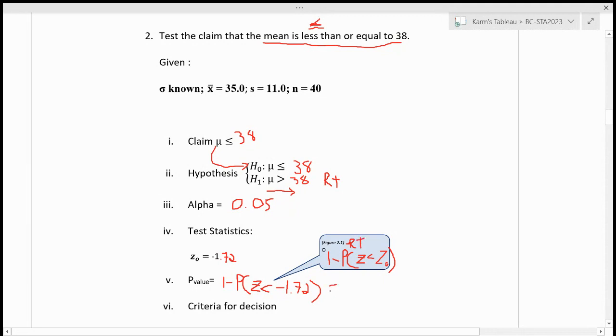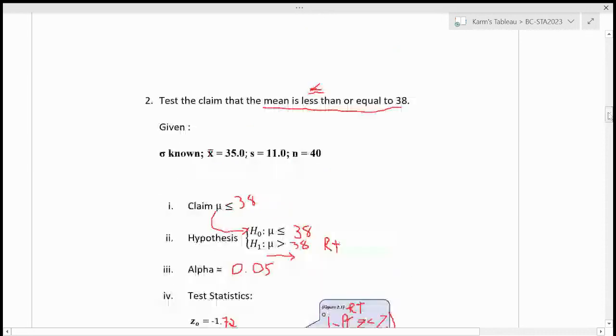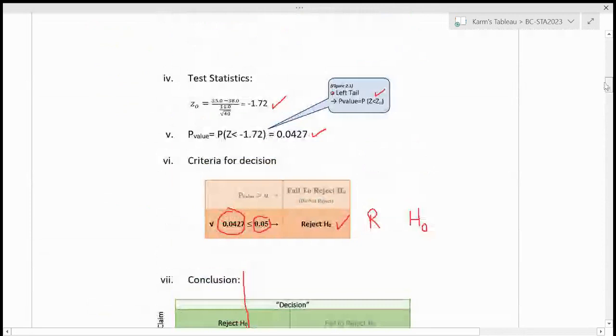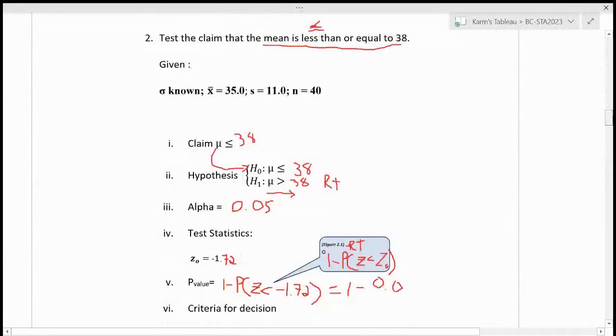So this is going to give you 1 minus, I think it's 0.0427. We did find it earlier today. Once again, 0.0427.